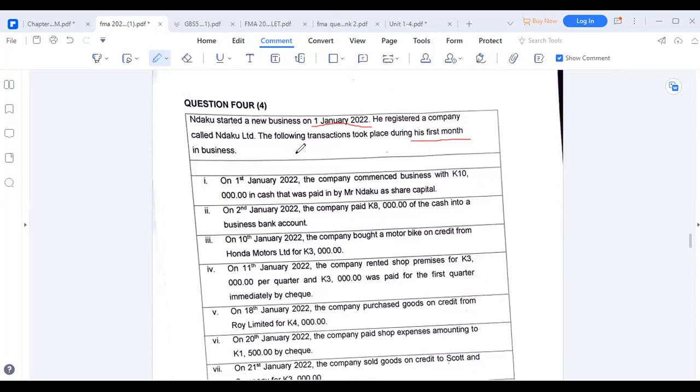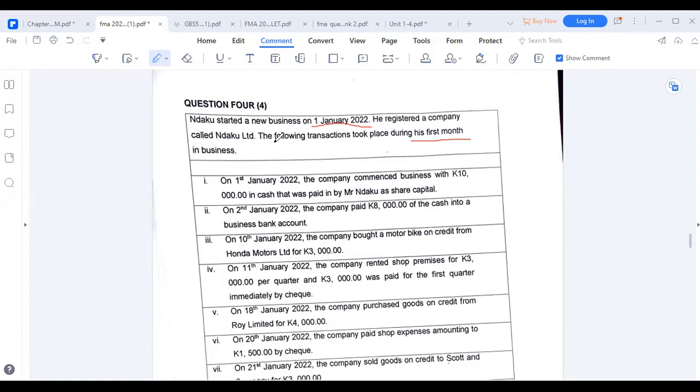Okay, so Ndaku started a new business on the 1st January 2022. He registered a company called Ndaku Limited. The following transactions took place during his first month in business.